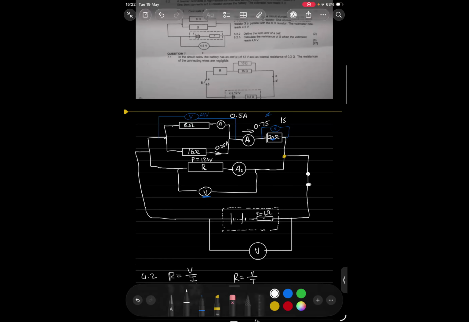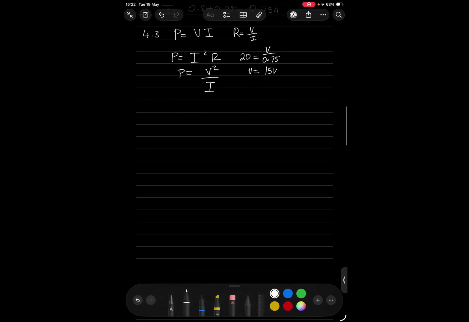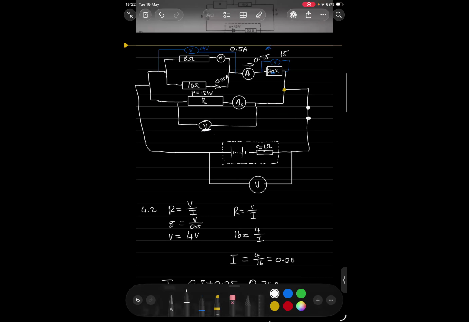So what's going to be the voltage here? Total V is equal to 4 plus 15, which is 19. So over here I'm having 19 volts.